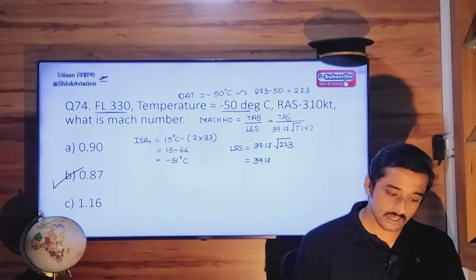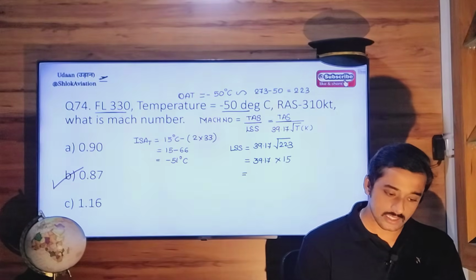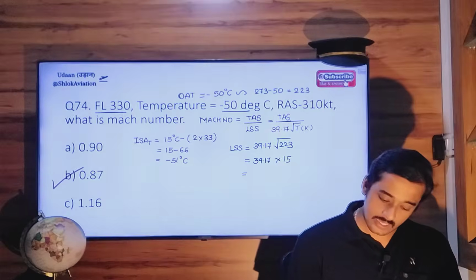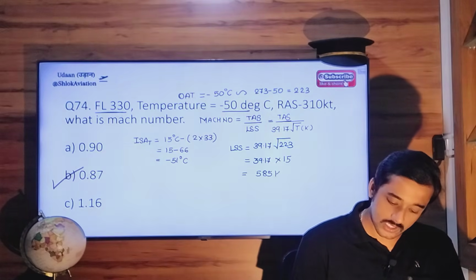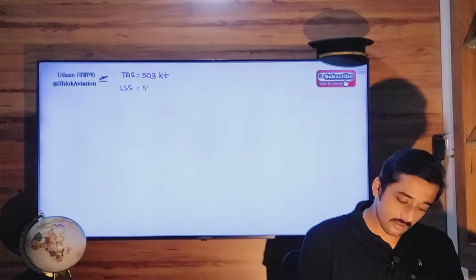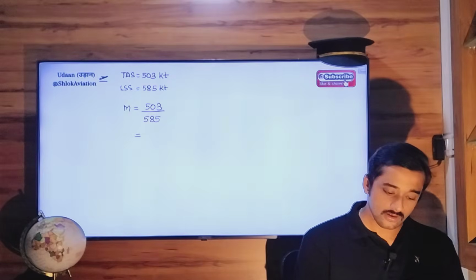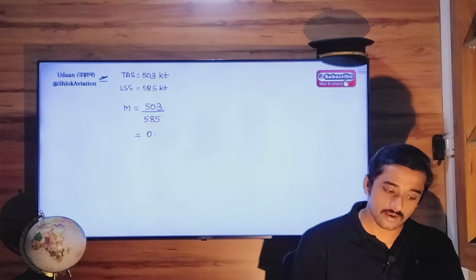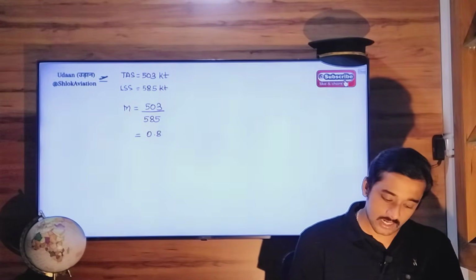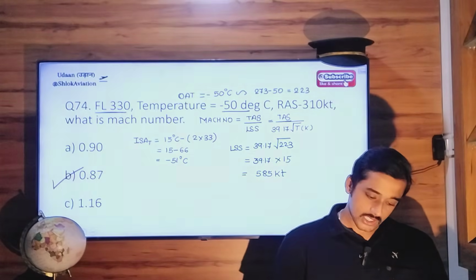Square root of 223 is 14.9, multiplied by 39.17 gives 584.9, or closest 585 knots. Now let's substitute that here. Local speed of sound is 585 knots. So Mach number will be true airspeed divided by local speed of sound: 503 divided by 585 amounts to 0.859. So 0.859 is 0.86. So the closest option is Bravo again. Okay, so this is how you do it.